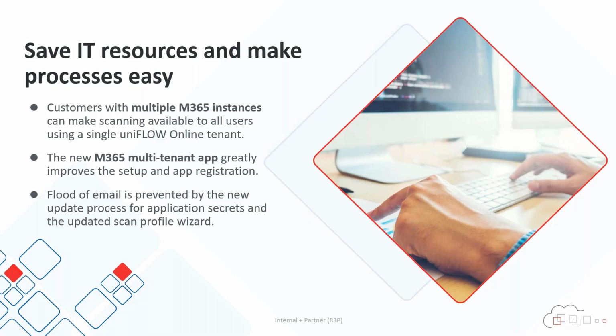The Microsoft 365 multi-tenant app significantly improves setup and the application registration, making the process much more efficient. Now, additionally, our updated process for application ID secrets and scan profile management helps prevent email overload, ensuring users receive only the information that they need through using the ACLs.